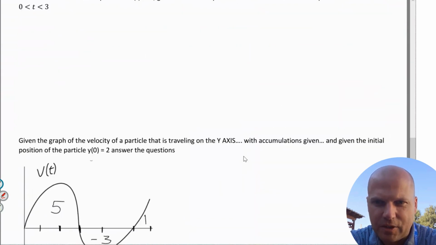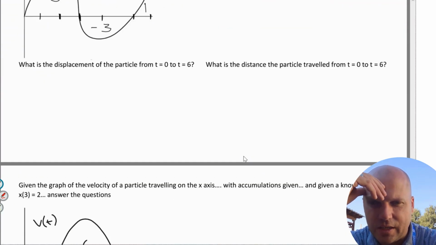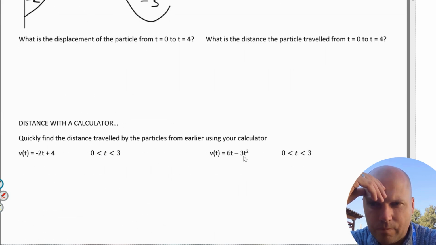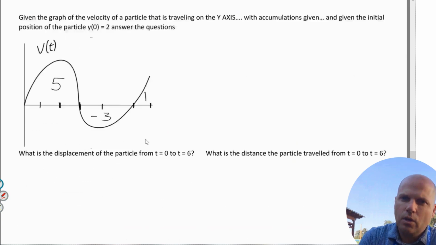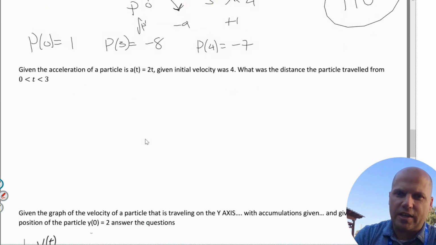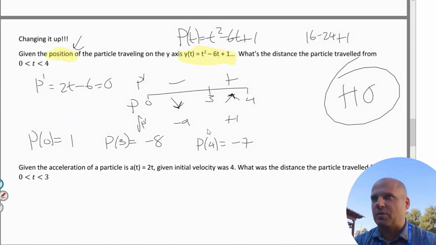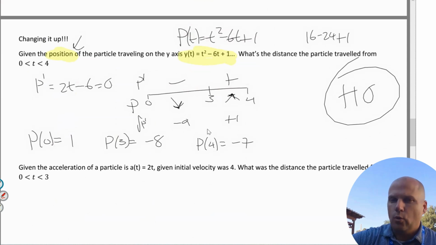But that's not the big deal. The big deal is understanding how you could do it really quickly with a calculator. What have we been doing this entire time? We were taking these negative displacements, making them positive. We're accumulating things as positives instead of as negatives or positives.